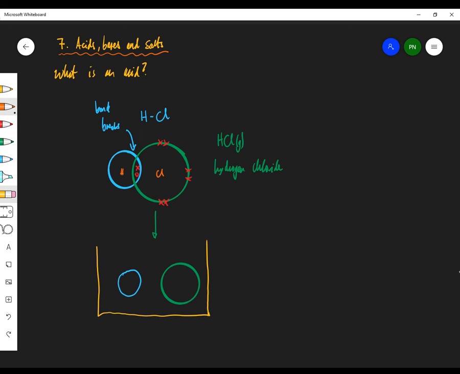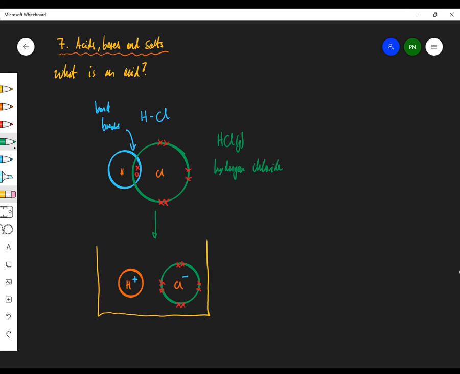Let's redraw the labels, H and Cl. Now, interestingly, the chlorine takes the electrons from the bond, so it ends up as Cl minus. And the hydrogen, well, if it lost an electron, it's H plus.